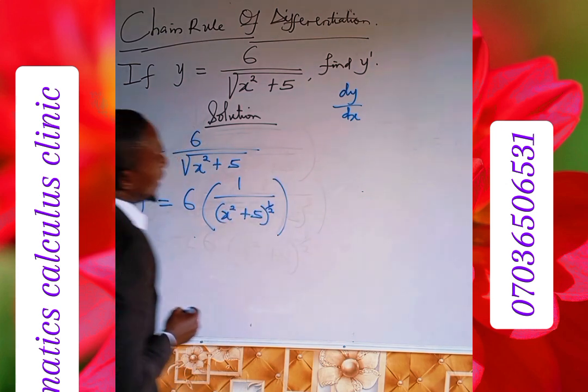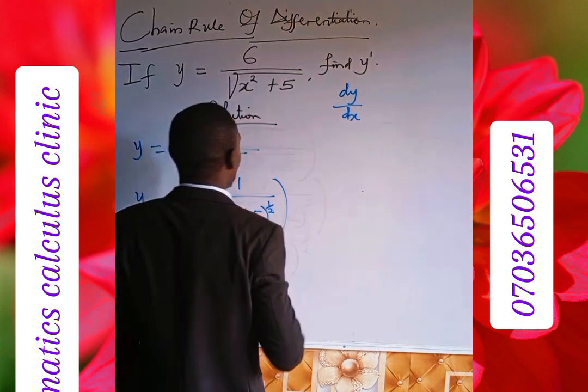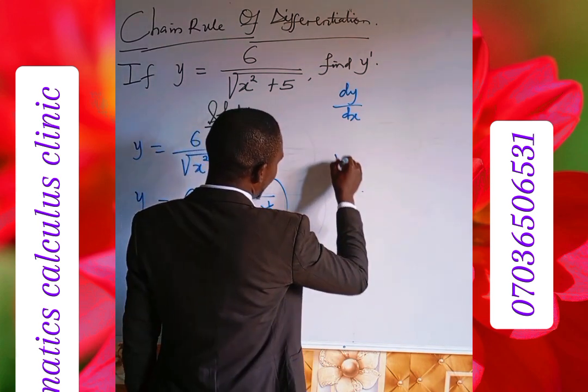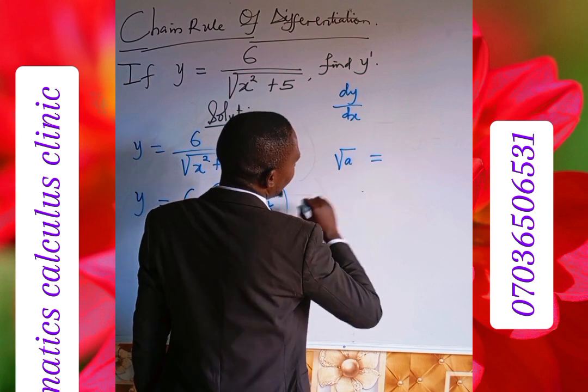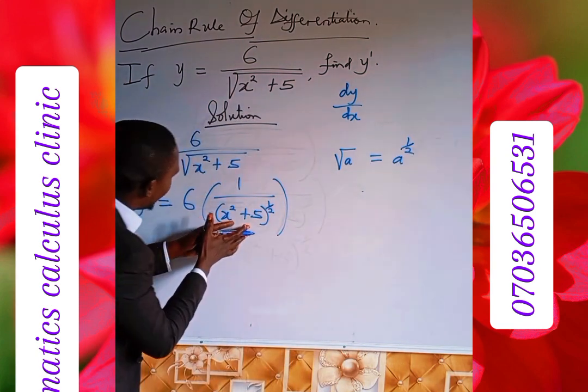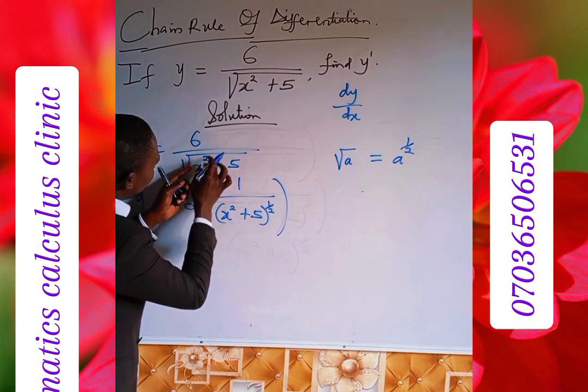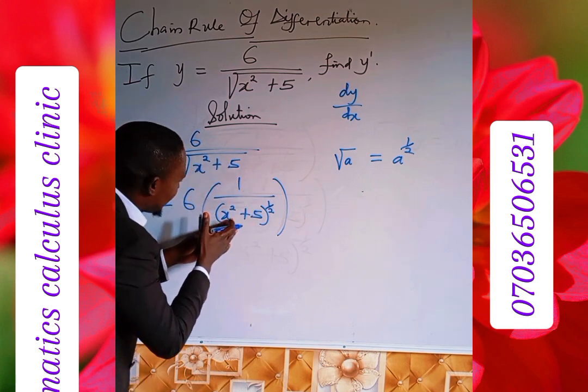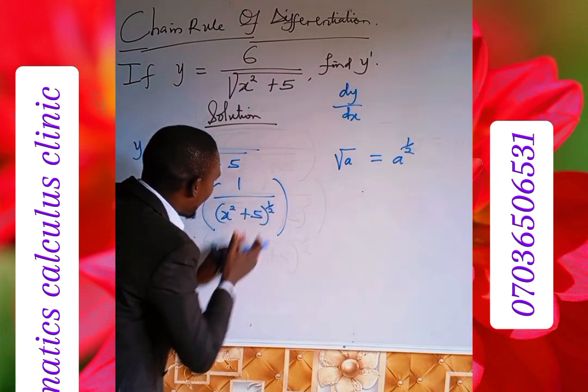Now look at what I did. Don't forget, one of the laws of indices says that root a is the same thing as what? A raised to power half. That is what I did here. Root x squared plus 5 is the same as x squared plus 5 raised to power half.